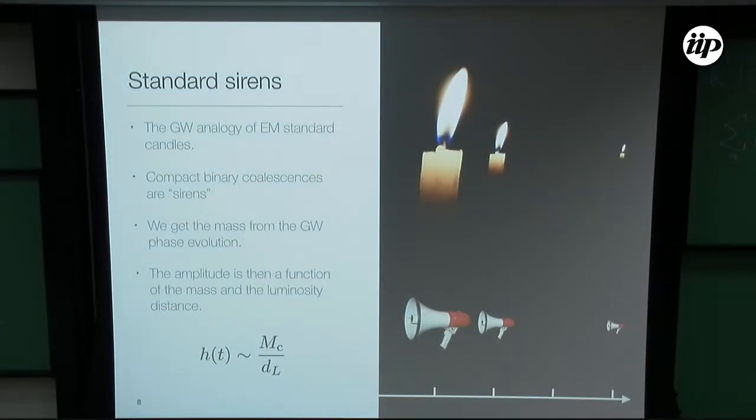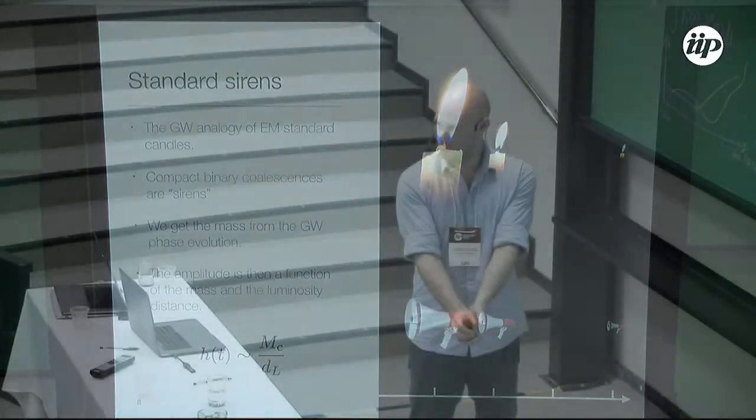Here we go. So I mentioned standard candles, these type 1a supernovae and other types of supernovae that can be used as standard candles. And we have the analogy with gravitational waves, specifically compact binary coalescence, binary black holes or binary neutron stars, inspiraling around each other and merging, just like the detections that we've had, or at least the black holes that we've detected.